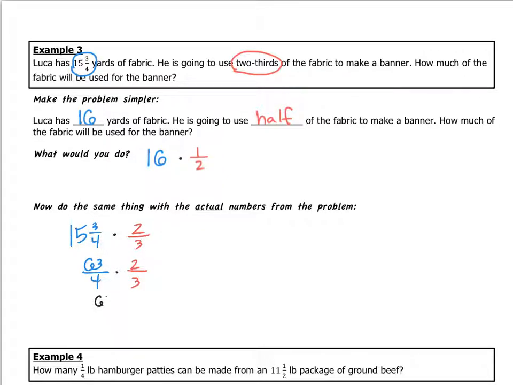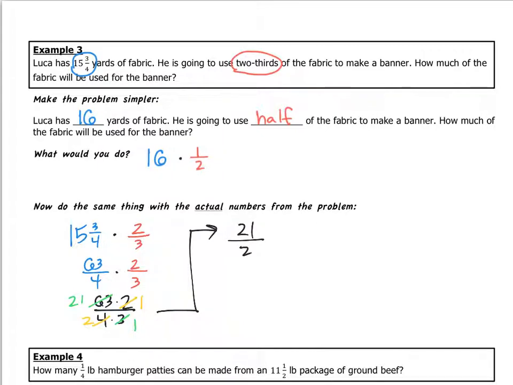So I'll do 63 times 2 over 4 times 3. I can cancel my 2 and my 4 to get a 1 and a 2. And I can cancel my 3 and 63 to get a 1 and a 21. So this is 21 times 1 over 2 times 1.